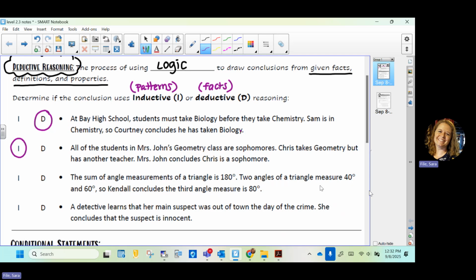What do 40 plus 60 add to? 100. And we know that the sum of all three has to be 180. So she concluded that the third one must be 80. What reasoning did she use? Was that deductive or inductive? That was deductive. She was using the fact that all three angles have to add to 180.